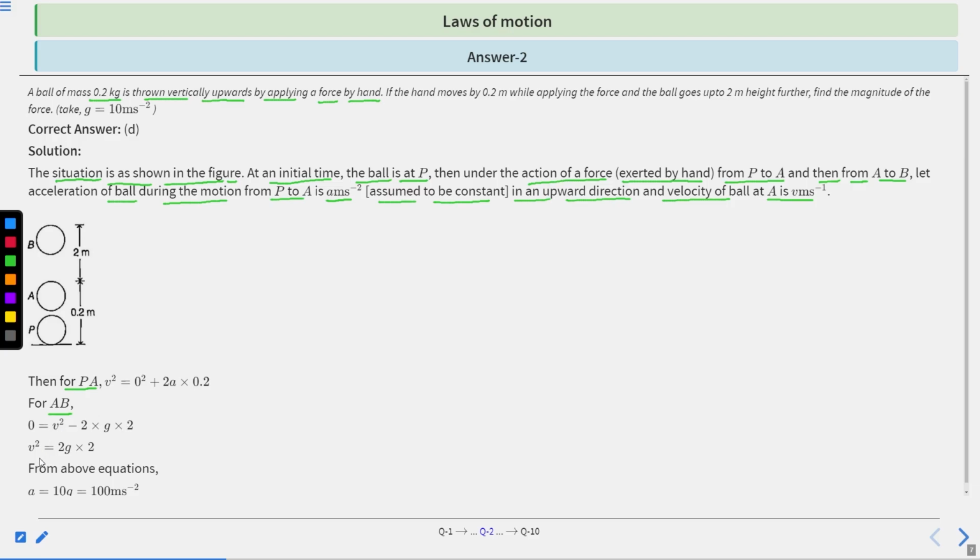So v square equals 2g into 2. From the above equations, a equals 10g, which is 100 meter per second square.